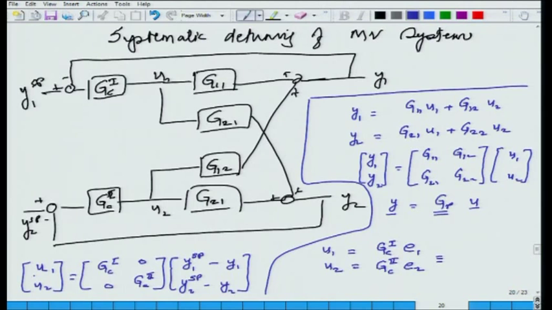So, if I look at this equation, let me call this the controller matrix GC, and I repeat again, the fact that the off diagonal terms in my controller matrix are 0 implies I am doing decentralized control. Okay.